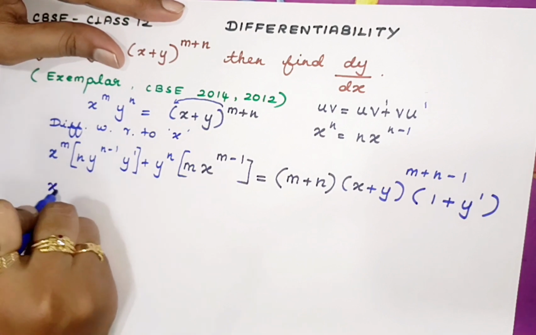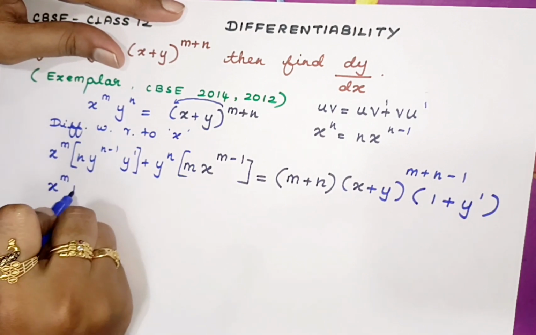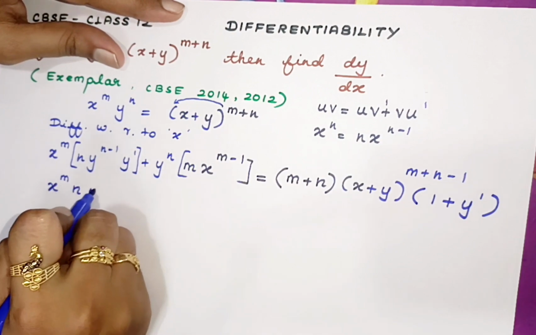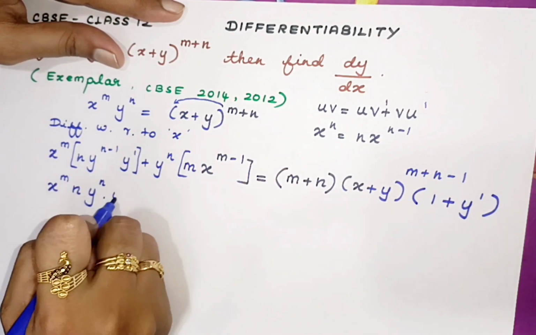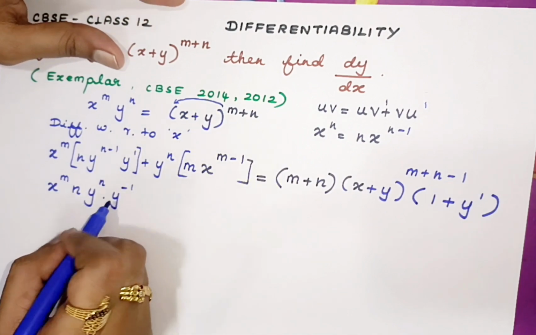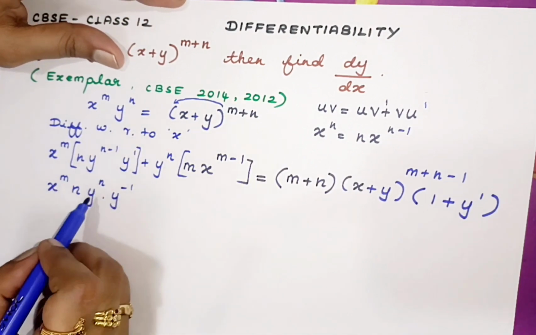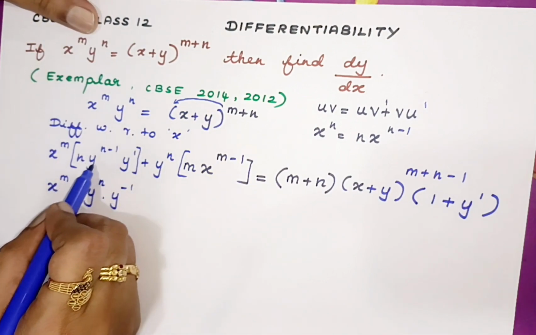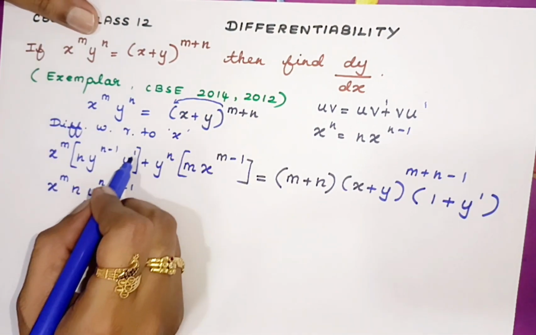Okay, let us multiply these values and separate them. That is x^m, and I am going to separate the powers of these two terms: that is y^n into y^(n-1). Same base means we have to add up these powers. So now we have split up these terms: y^n, y^(n-1), then y'.